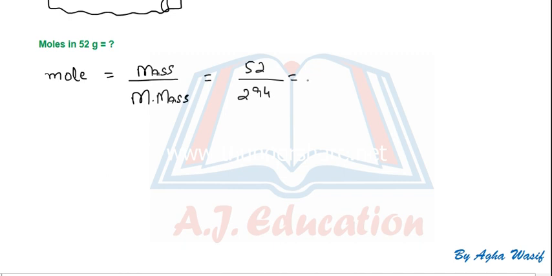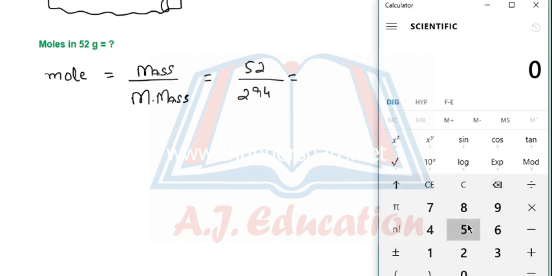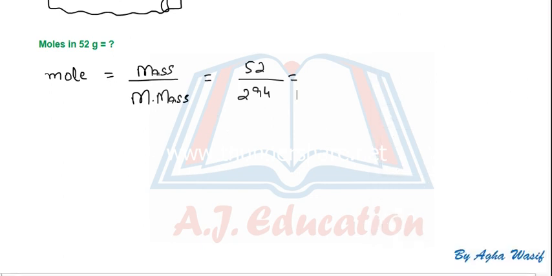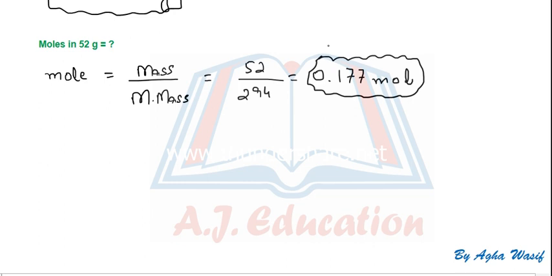Solving this, 52 divided by 294 is equal to 0.1768. So the number of moles in 52 grams is 0.1768, which can be rounded off to 0.177. This is our second numerical answer, the number of moles in 52 grams.